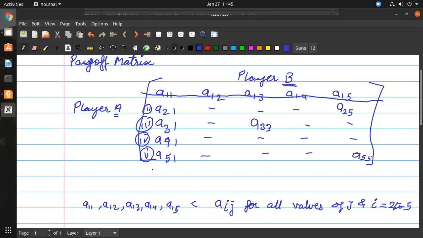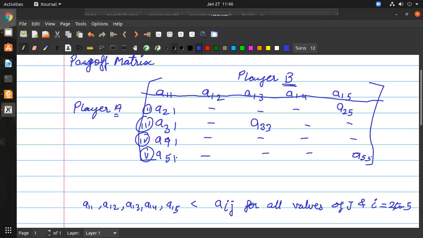But if, say, it is lesser than row 5, that means A11 should be less than A51, A12 less than A52, A13 less than A53, A14 less than A54, and A15 less than A55. That is, individually all the elements must be lesser than the corresponding elements in the other row. Is it understood now?